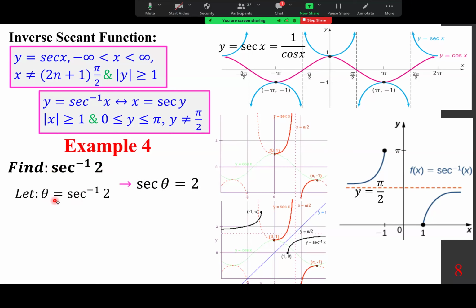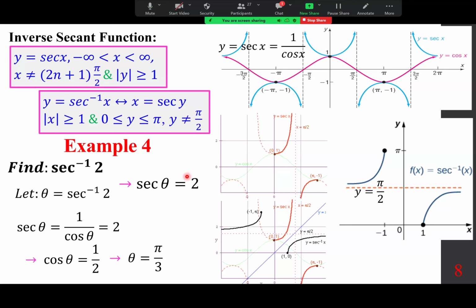That's the meaning of it. And if secant is 2 and secant is 1 over cosine, then cosine must be 1/2. So theta must be pi over 3. It's a common arc. So obviously, we use the knowledge of cosine to get to the answer for this case.